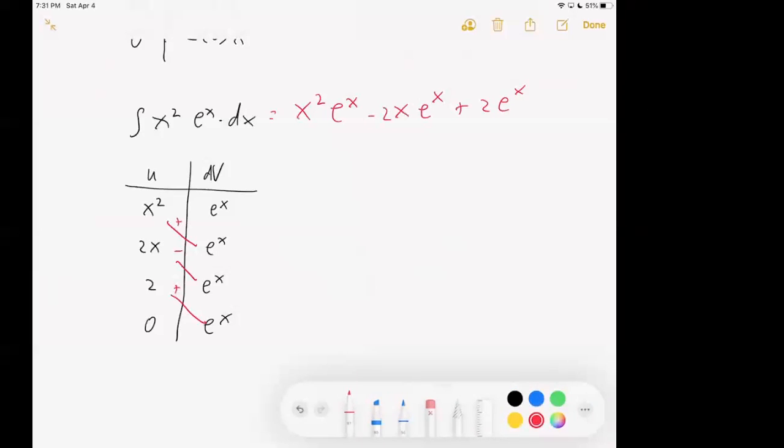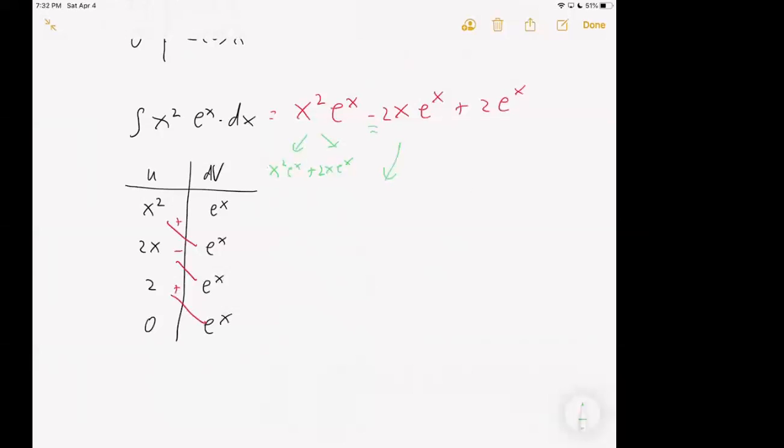We can kind of show why this works. If I were to take the derivative with the product rule, I'll start with x squared e to the x plus 2x e to the x. I sort of did it in reverse order on purpose. And then if I take the derivative of this one, including the negative sign in there, for the first term, I'll have negative 2x e to the x, and then I'll have minus 2 e to the x.